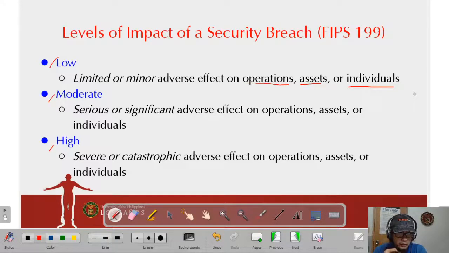Okay, so there is a security breach that happened. What is the effect on the operation, on the assets, or the individuals?